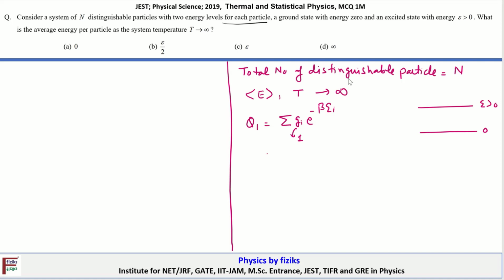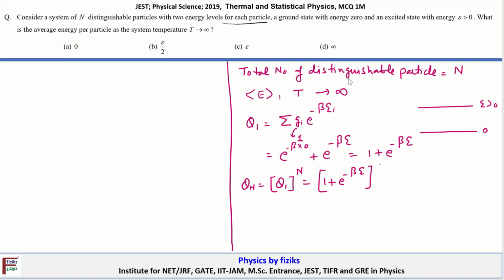The corresponding partition function for one single particle will be exponential minus beta times the ground state energy, that's 0, plus exponential minus beta E. So this is 1 plus exponential minus beta E. Because the particles are distinguishable, we can immediately write the n-particle partition function Qn equal to q1 to the power n, that is 1 plus exponential minus beta E, all to the power n.